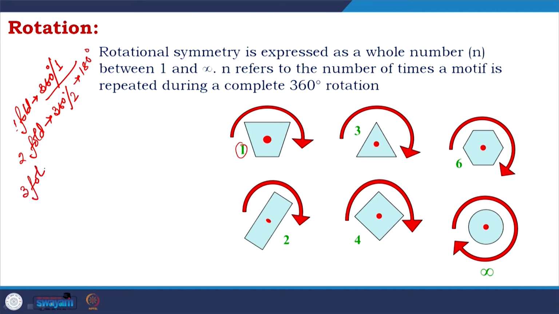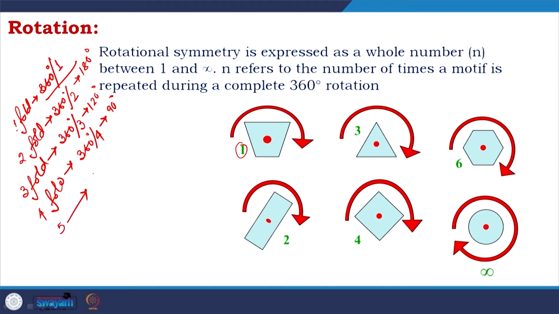Three-fold, 360 degree divided by 3, which is 120 degree. Four-fold, 360 degree divided by 4 is 90 degree.